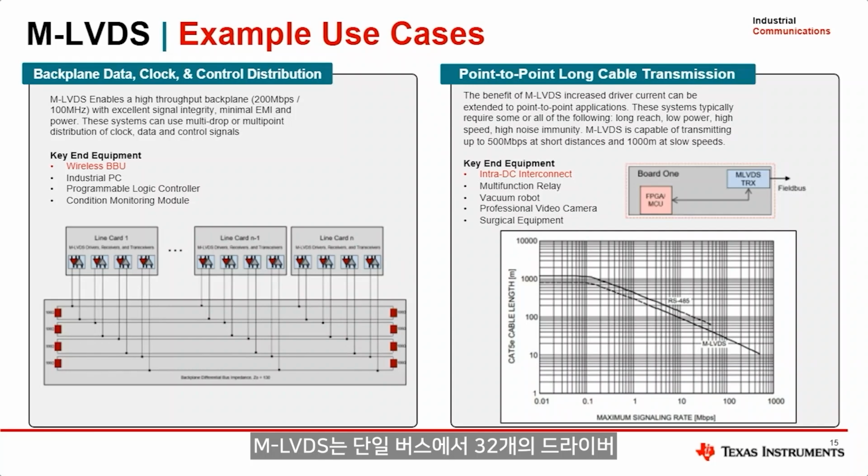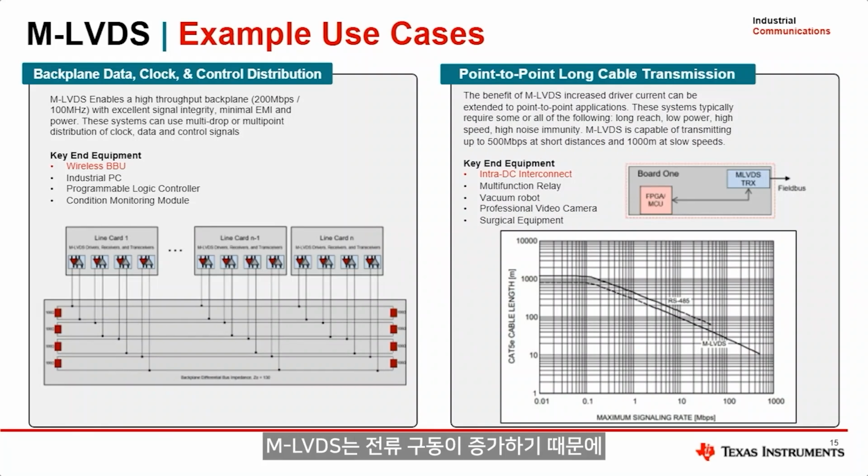M-LVDS is capable through the electrical specification of having 32 drivers or 32 transceivers communicate on a single bus. So typically this will be in a backplane configuration. However, it's also used for point-to-point communication.